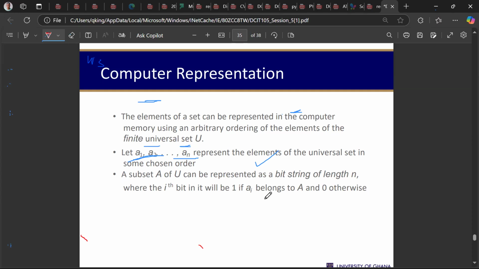Each bit in the string corresponds to an element in U.